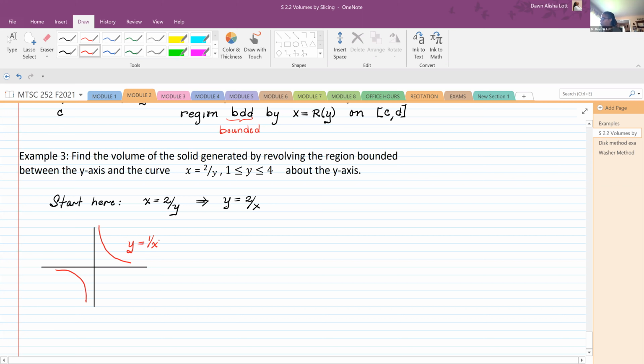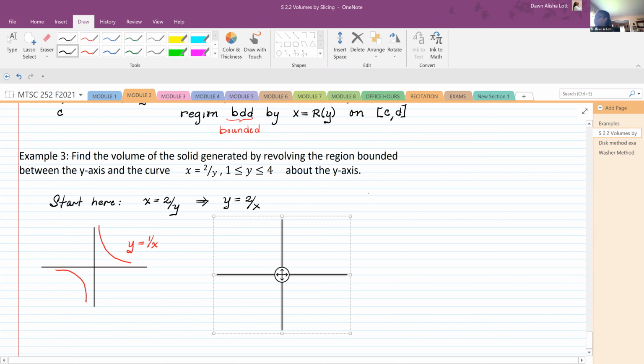So I expect that y equals 2 over x is going to be similar, but just a little bit bigger. So I'm going to write y equals 2 over x, pretty much the same curve.